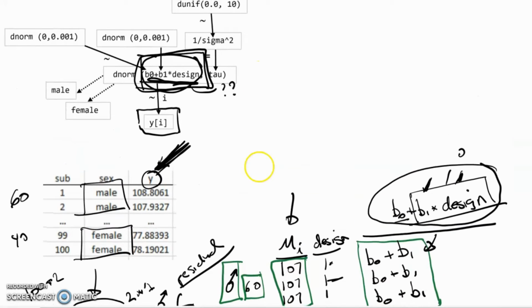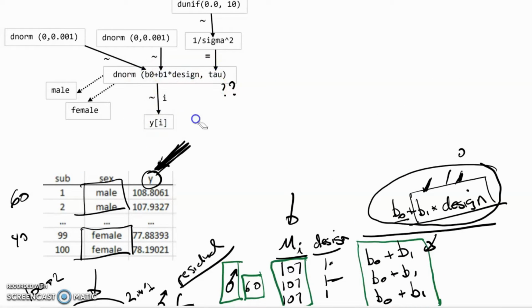So now this hopefully is going to start to make some sense: if we parameterize our normal distribution with B0 and B1, that's going to be an adequate parameterization for our likelihood function.